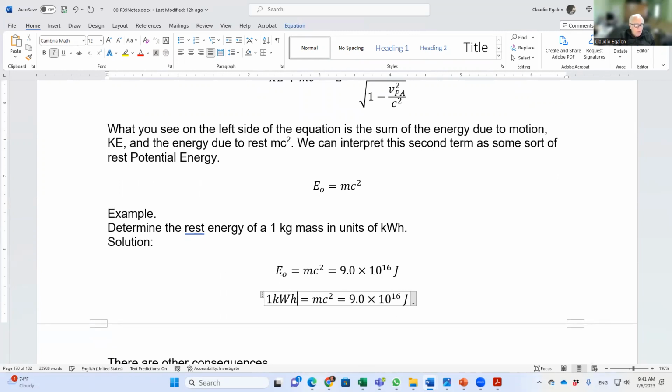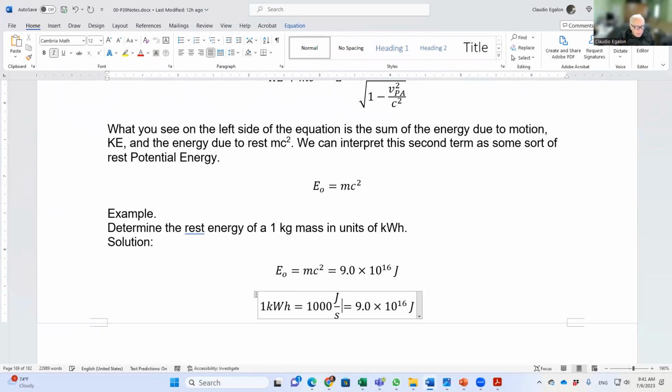1 kilowatt hour is what? 1 kilowatt is 1,000 joules per second, but then multiplied by hours, which is 3,600 seconds.